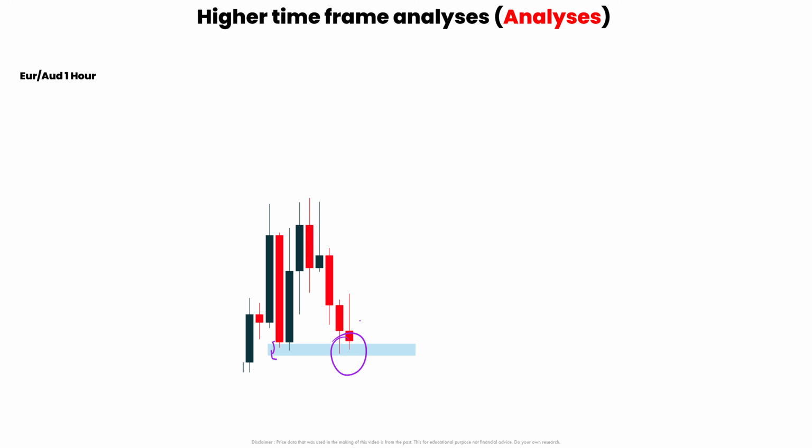This is on the 1 hour time frame on Euro AUD, and price was moving to the upside. So even if you try to draw your break of market structure, you can see it here. So in the lower time frame, you can clearly see that price was retracing with this candlestick. Let's look at the lower time frame. You'll see this very clearly.